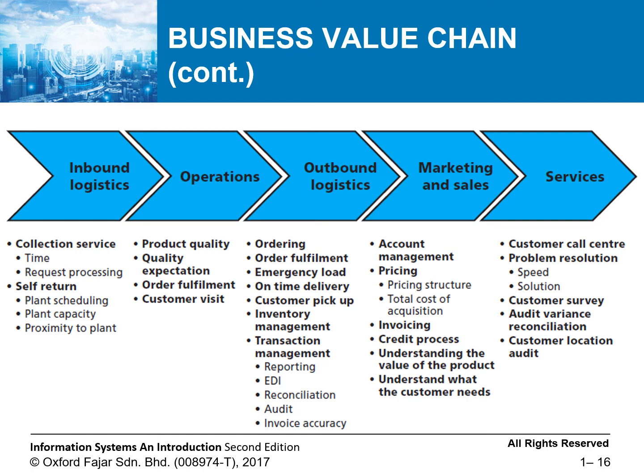The value chain we can see in the account management, pricing structure, total cost of acquisitions, invoicing, credit process, understanding the value of the product, and understanding what the customer needs. And the last one is the service activities. So here we can see the value based on the customer call center, the problem resolution based on speed, solution, and also the customer survey, audit, variance reconciliation, and the customer location audit.